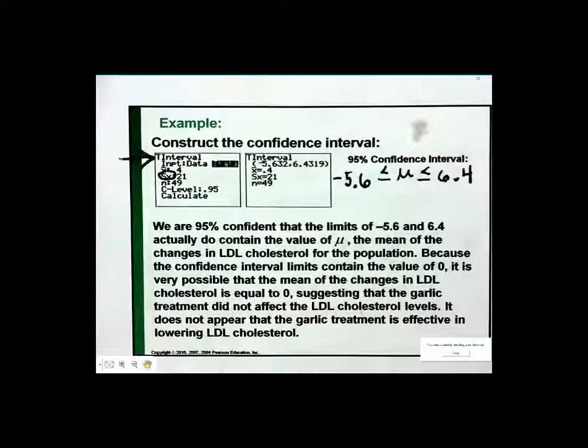Where does it say change? That's the change in cholesterol. Oh, so some folks' cholesterol went down 5.6 points, but some people's cholesterol actually went up 6.4 points. So this is not what their cholesterol level was. This is how much it had changed.